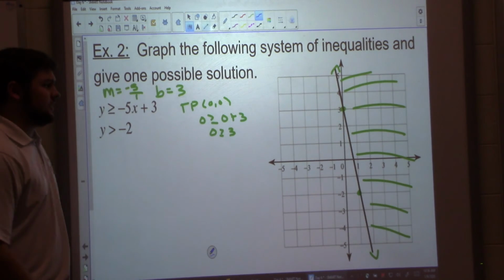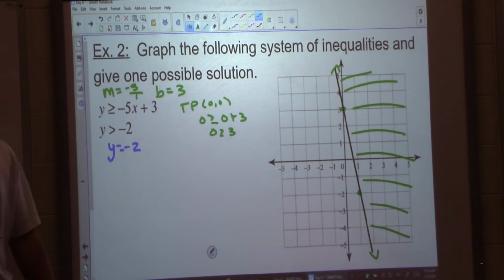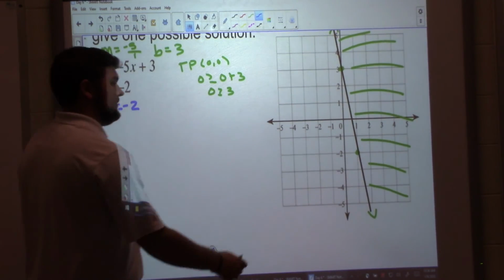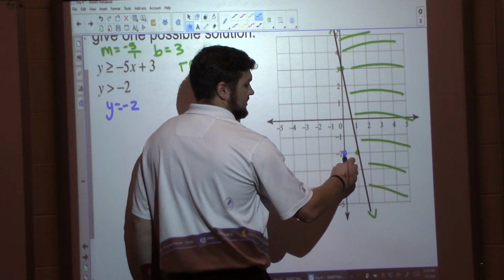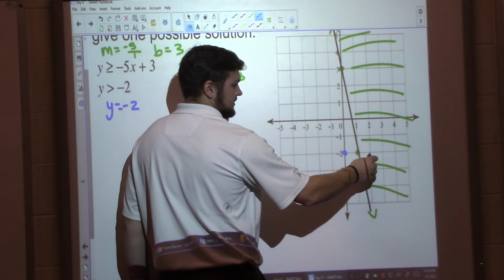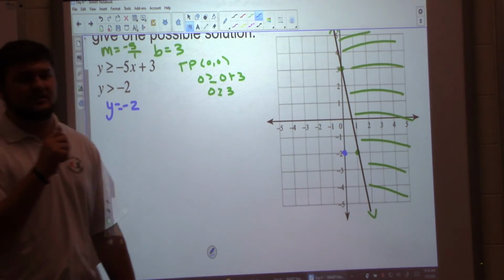All right, the next one's a little tricky. Remember, we're pretending this says y equals -2. Where does y equal -2? Everywhere. So I plot -2 on the y-axis. Where else does it equal -2? Like right here? No, that's x equals -2.